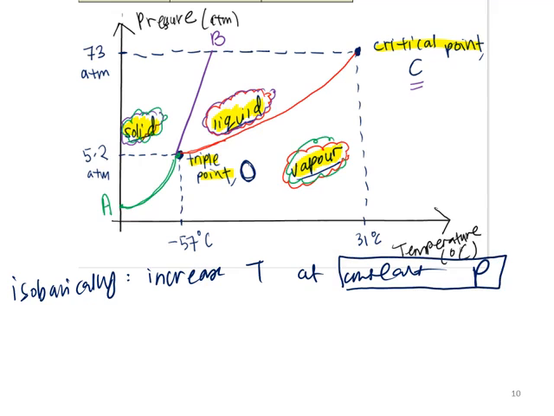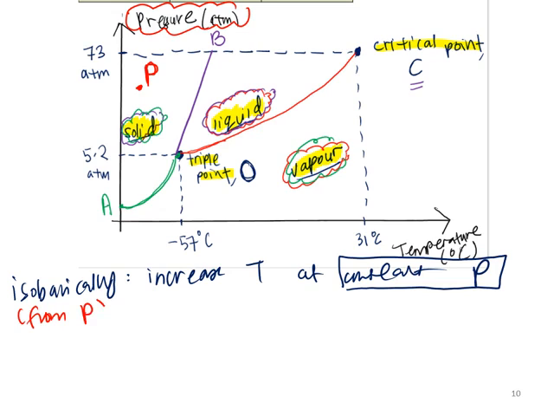Tekanan tak berubah tapi suhu meningkat. So kita akan ambil mana-mana titik pada y-axis awak. Let's say saya ambil from this point. Katalah ni point P saya. So what happened to the CO2 from point P during the isobarically process?